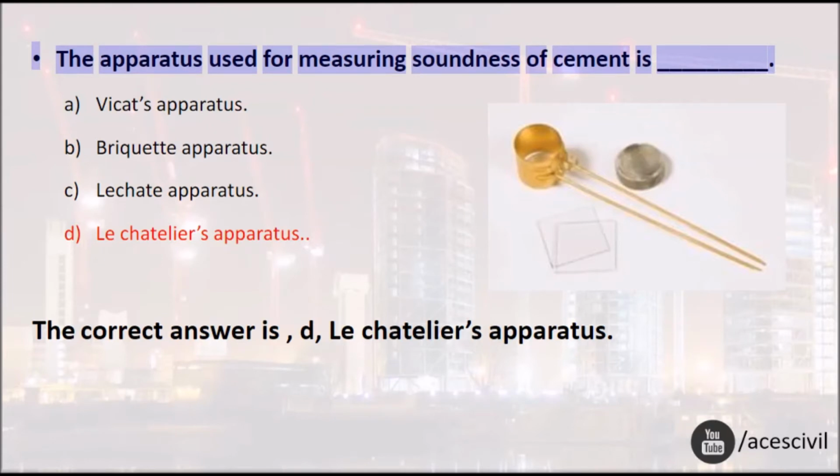The apparatus used for measuring soundness of cement is A. Vicat's apparatus, B. Briquette apparatus, C. Le Chatelier's apparatus, D. Le Chatelier's apparatus.